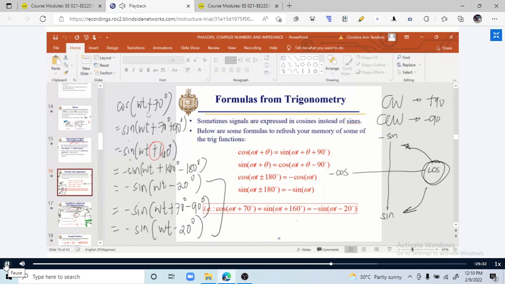You have cosine omega t plus 70 degrees, and you are going to convert it into sine. That would be sine omega t plus 70 degrees plus 90. So it is sine omega t plus 160. Therefore, if you want to convert cosine omega t plus 70 degrees into its sine equivalent, the answer will be sine omega t plus 160 degrees. Did you get it?